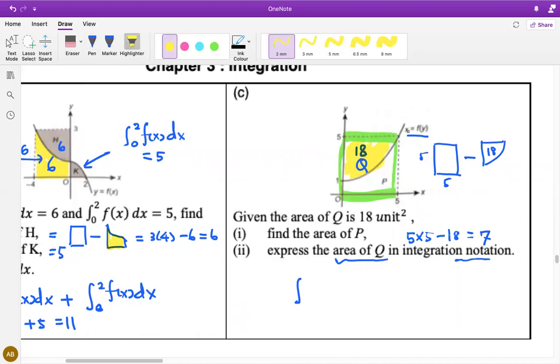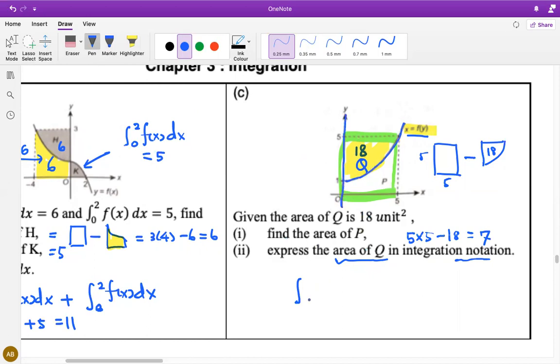So you look at the x, the function given is x fy. So x fy, therefore, we use the area under the curve bounded by the curve and the y-axis.